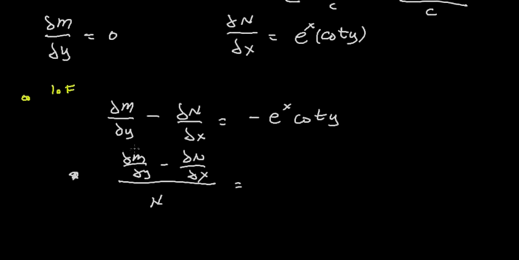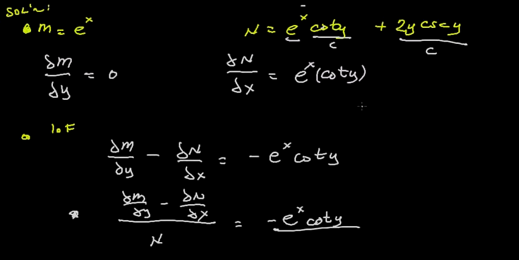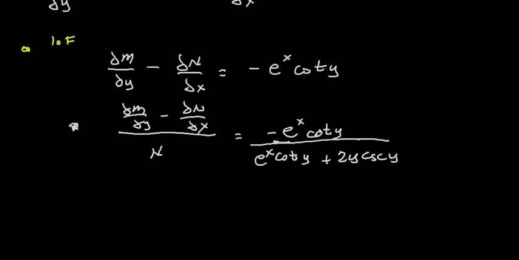So this part here is negative e to the x cotangent y all over what is our N, this whole term here, e to the x cotangent y plus 2y cosecant y.